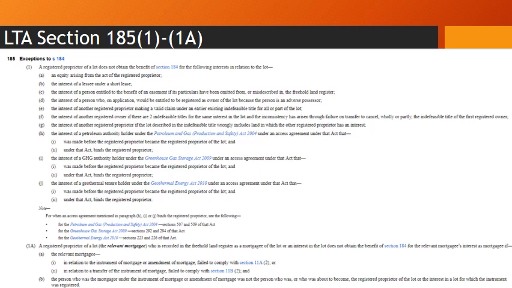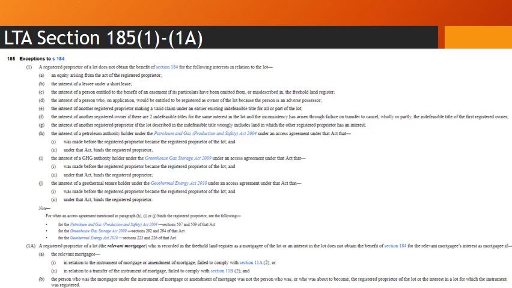The first three are probably the most important that you need to know about there. So subsections 1(a), (b), and (c). 1(a) is the in personam exception, 1(b) is the short lease exception, and 1(c) is the misdescribed easement exception. But also, coming down the page, you'll see subsection 1, capital A, that's the careless mortgagee exception.